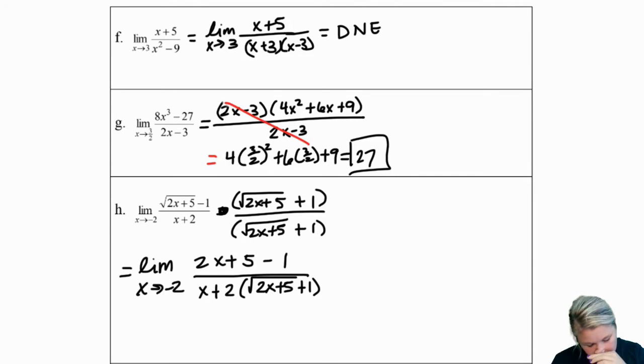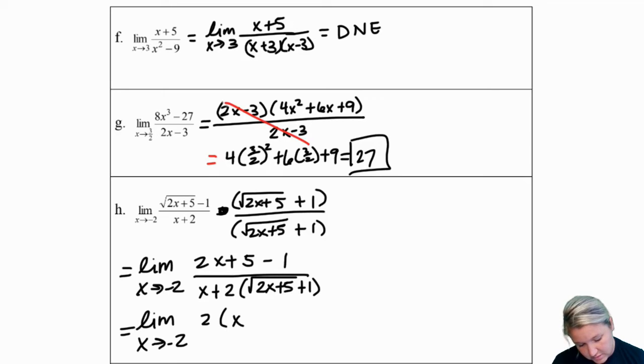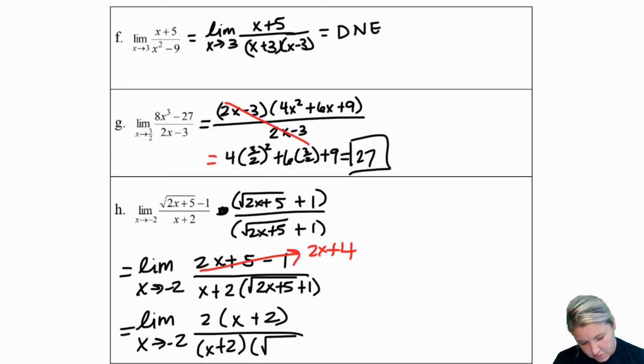All right, I'm going to simplify the top and the bottom. I get the limit as x approaches negative 2 of 2 times x plus 2. So this became 2x plus 4. Then I'm going to have x plus 2 times the square root of 2x plus 5 plus 1 in the denominator.